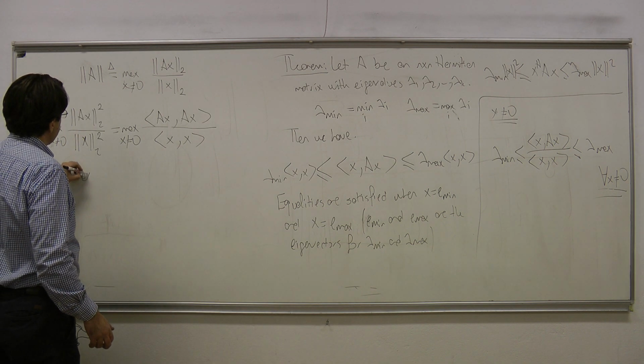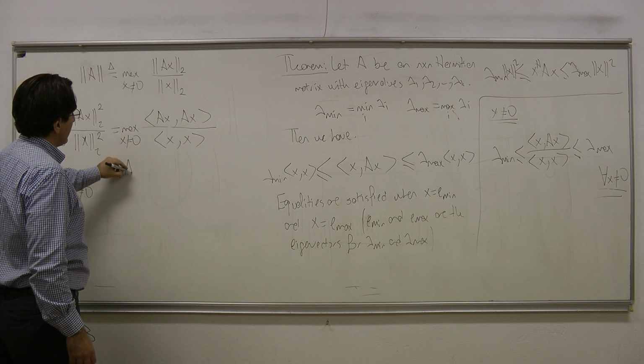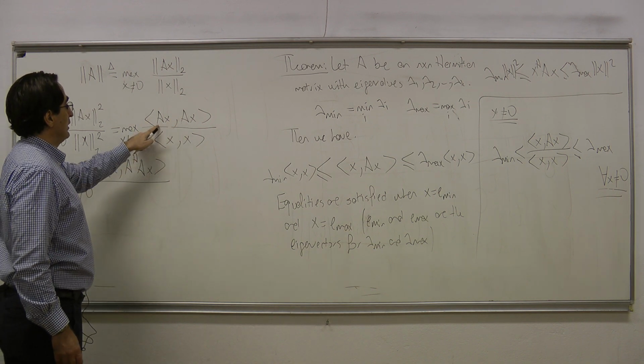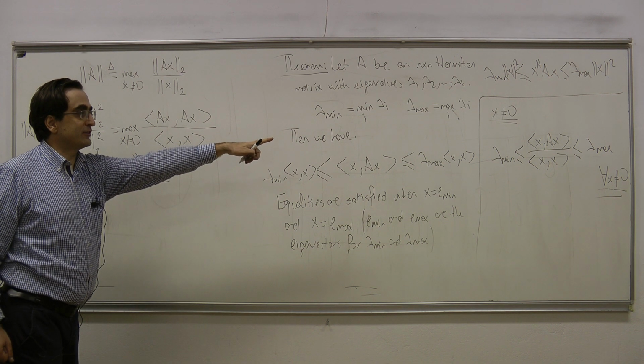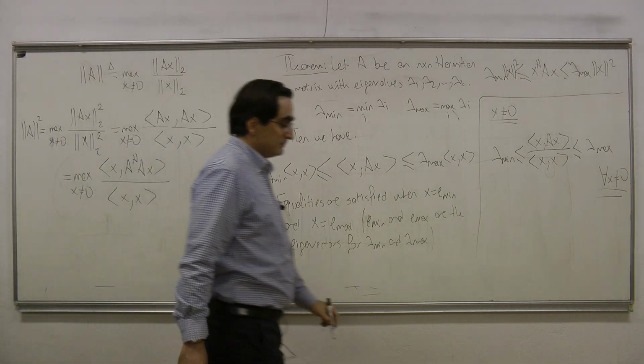This is the maximum, x not equal to 0, of the inner product of x with A Hermitian A x. Okay? So I have taken this one to the other side so that the resulting ratio resembles that one. And I have the inner product of x and x in the denominator. Okay?